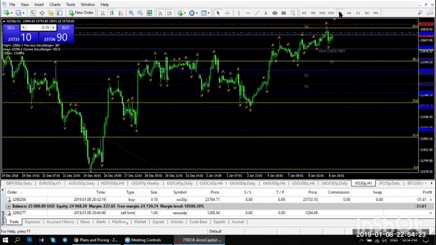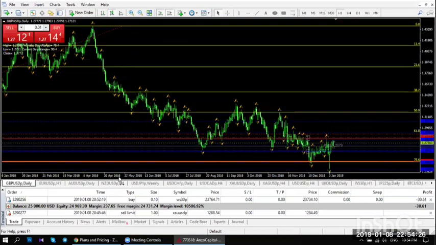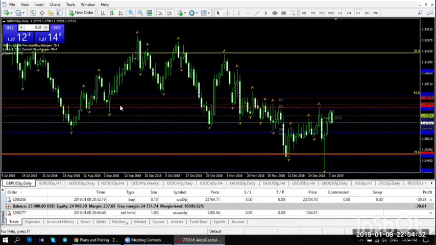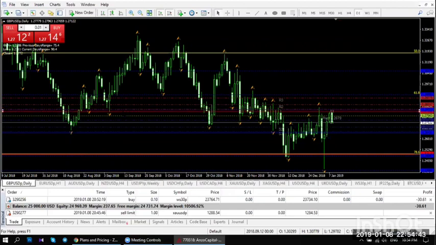You see, sometimes, for example in here, you may buy here, and you have a pivot right there. Can you see it? I'm highlighting it with the red line.